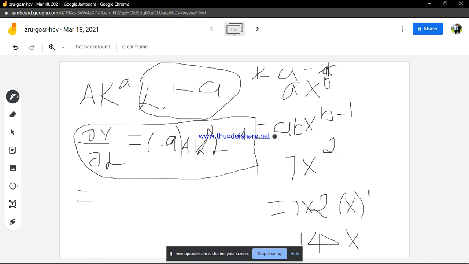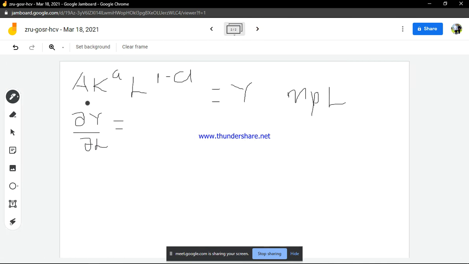If you understand this, then differentiating this will be easy, because we are using the same principle, no difference whatsoever. So we are differentiating this with respect to labor.